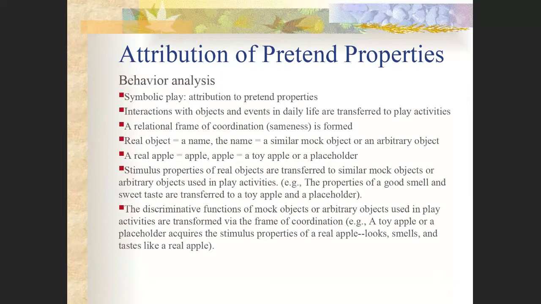So in this case, the discriminative functions of mock objects or arbitrary objects used in the play activities are transformed through the frame of coordination. A toy apple or a placeholder acquires the stimulus properties of a real apple. They look like a real apple, they smell like a real apple, and they taste like a real apple. This is what we see in children's symbolic play activities, where they attribute pretend properties to the play objects.